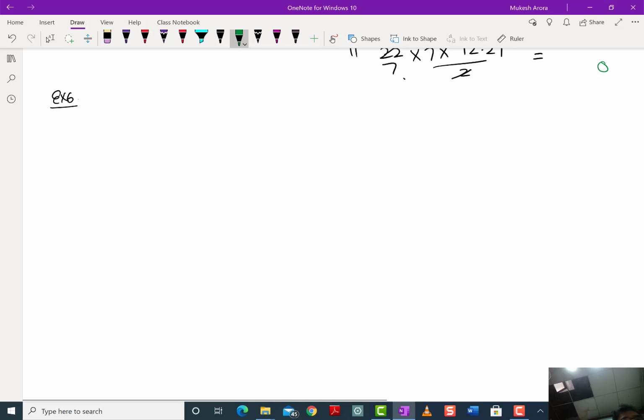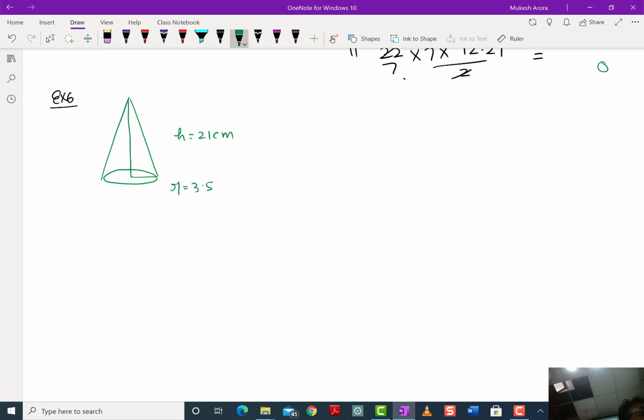Example number 6. A corn cob is like a cone with radius 3.5 and height 21 centimeter.